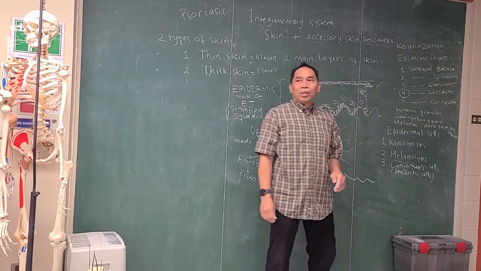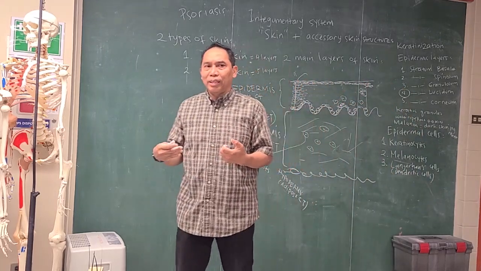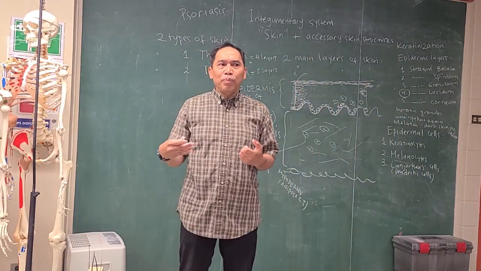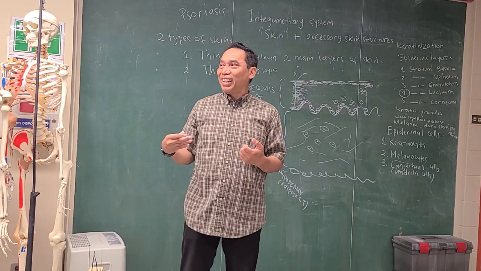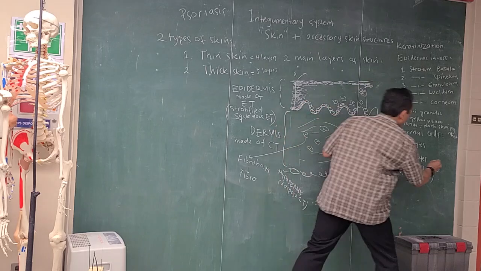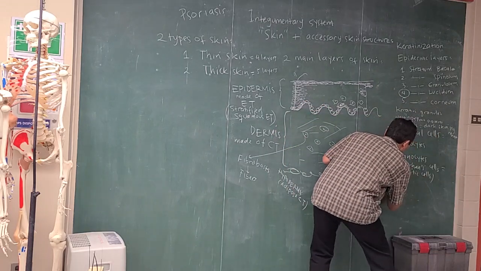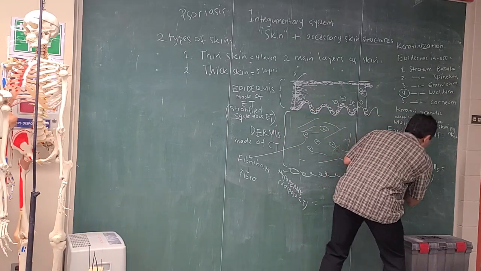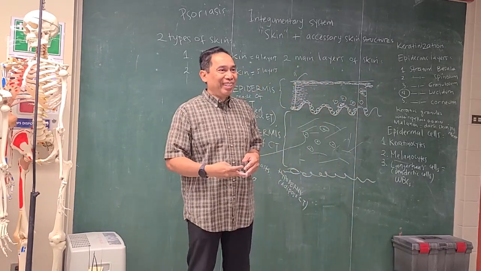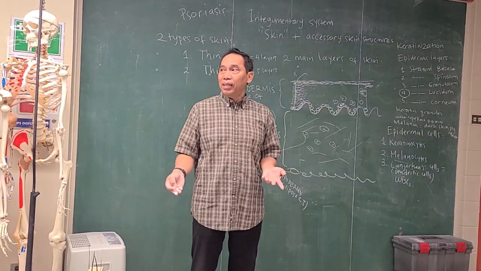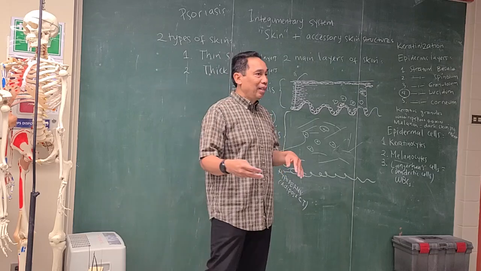So what does this cell actually do? The cell is able to move and protect you from infection, from bacteria. Langerhans cell is actually a white blood cell that stays in your skin to fight against infection and protect you against bacteria.